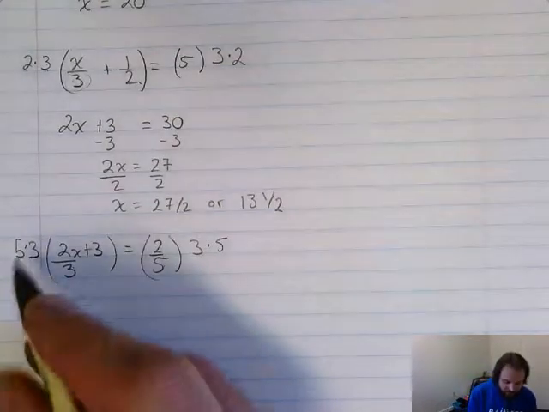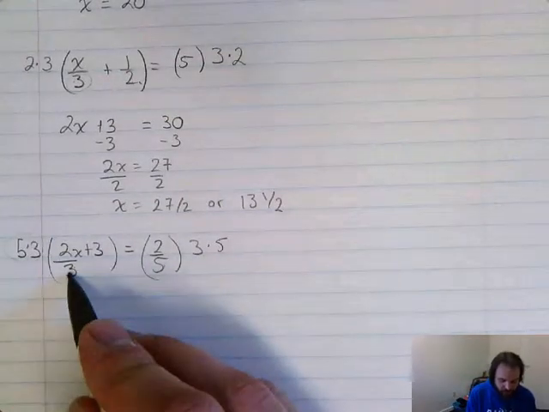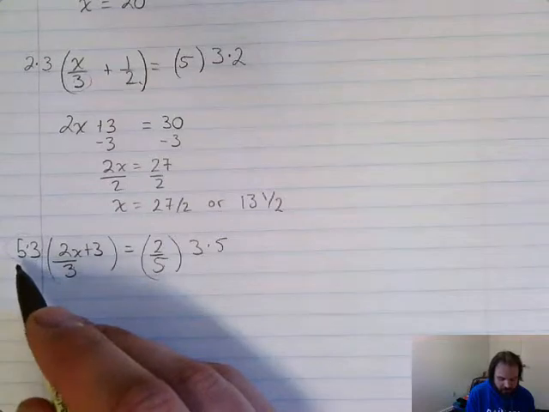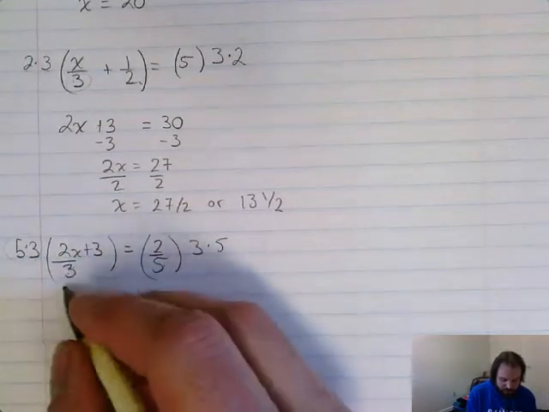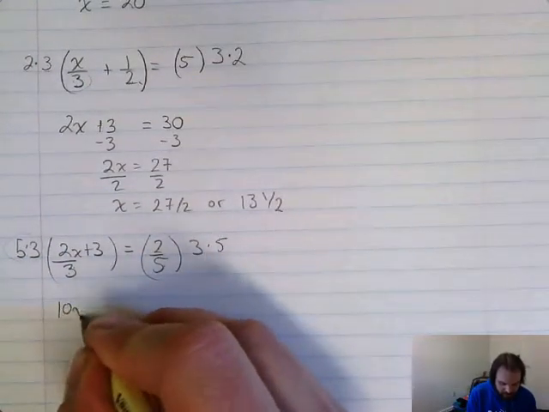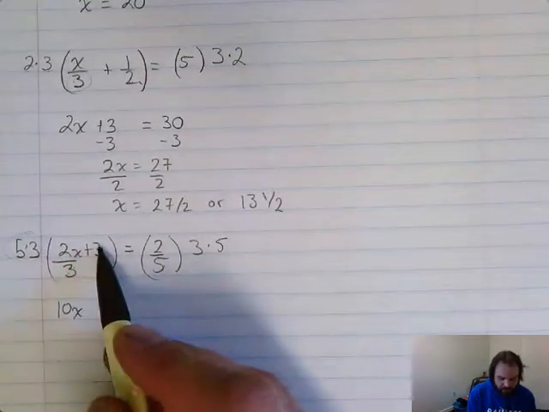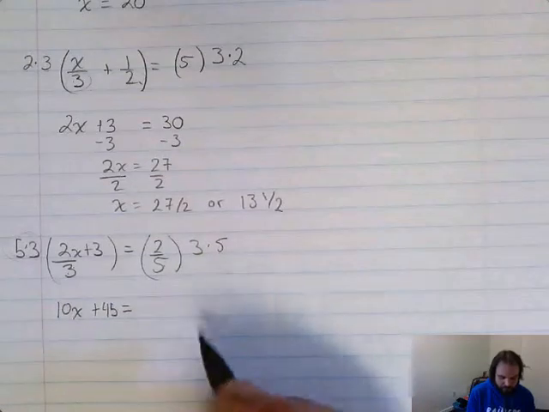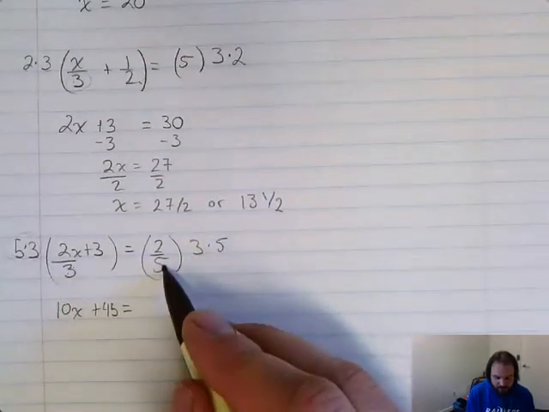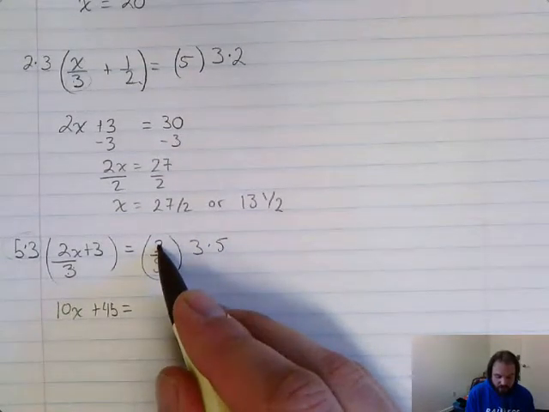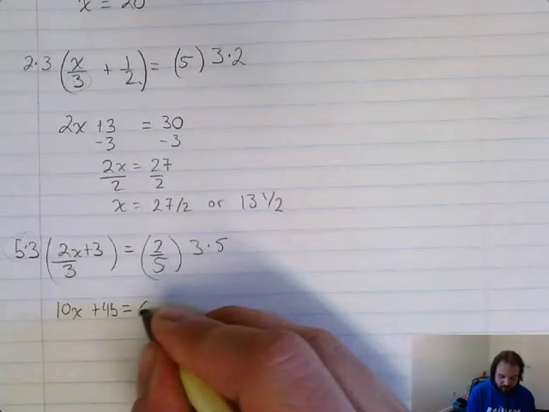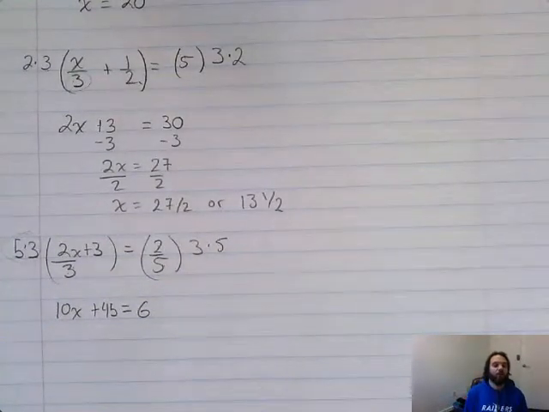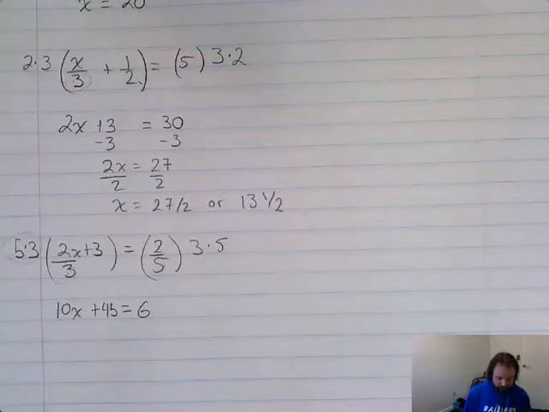So now looking at this, I have 15 divided by 3 is 5. 5 times 2 is 10, so we get 10x. Now we have 15 times 3 is 45. Now here we have 15 divided by 5 is 3, times 2 is 6. Now we got rid of all of our fractions and we could just solve like normal.